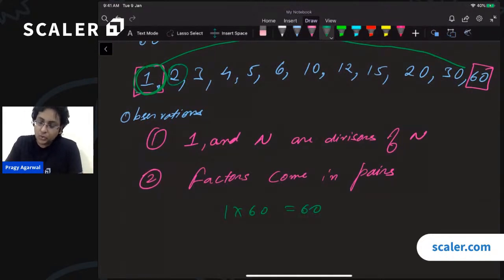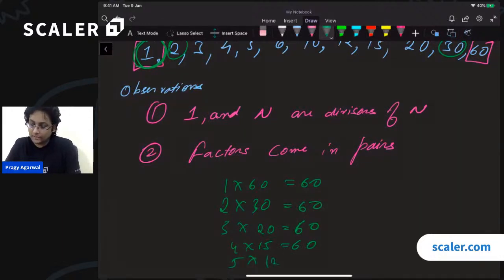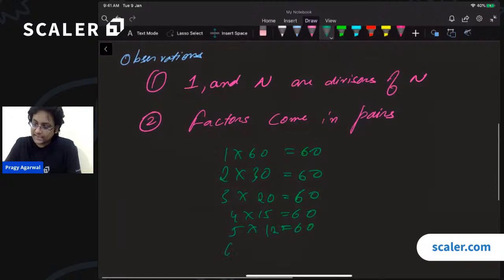Similarly, if I pair 2 with 30, then I once again get 60. So 2 times 30 is 60. Similarly, 3 times 20 is 60. 4 times 15 is 60. 5 times 12 is 60. 6 times 10 is 60.